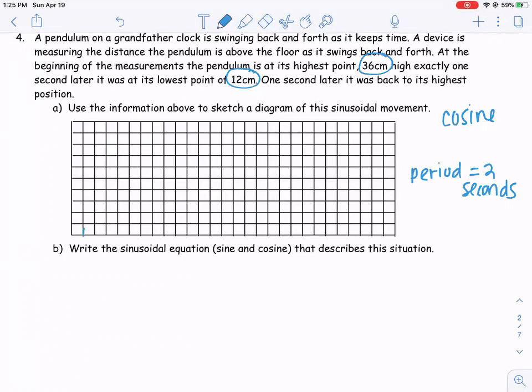So we'll go by twos here, 2 blocks. And then for the height, it goes up to 36. But it starts at 12. So we'll start at 10.